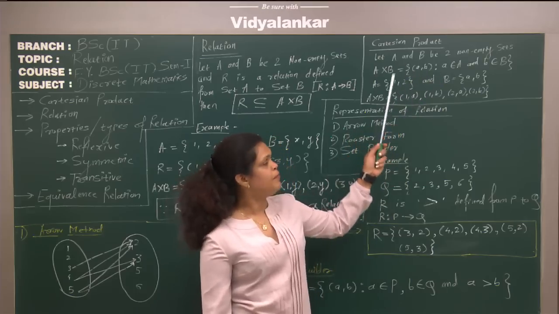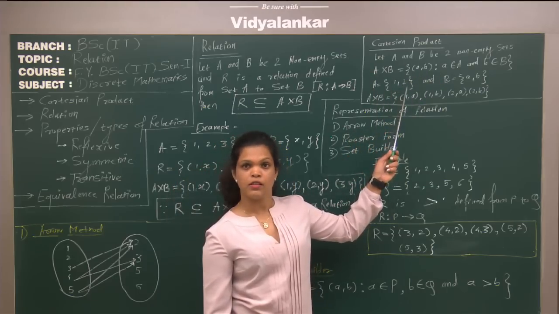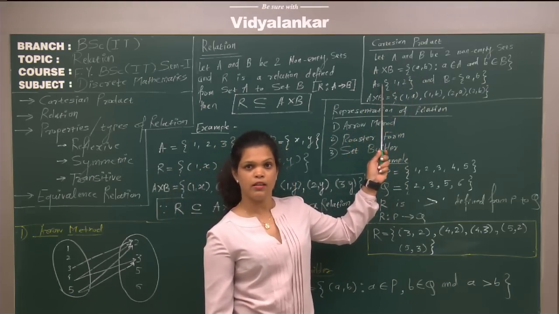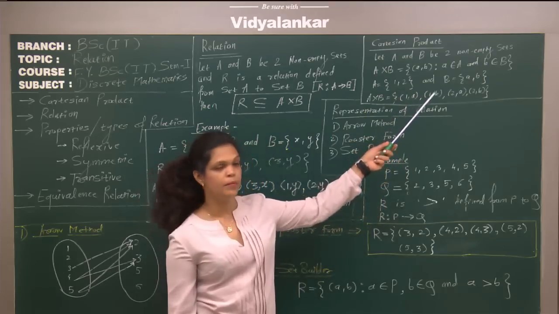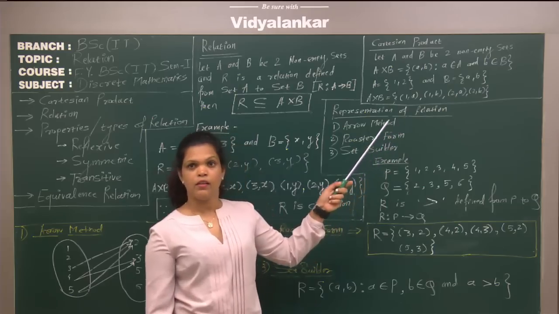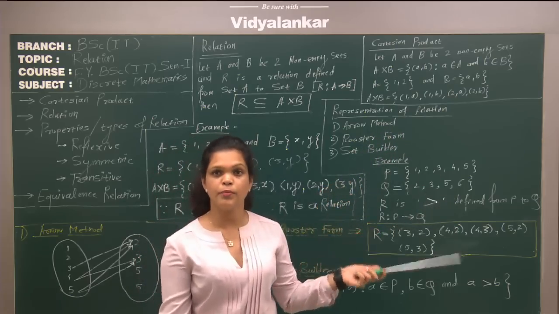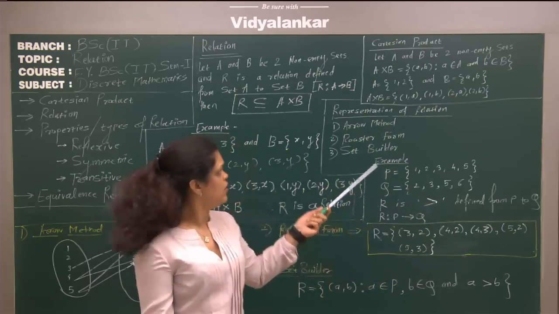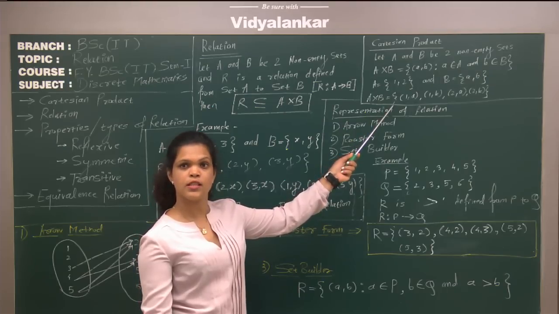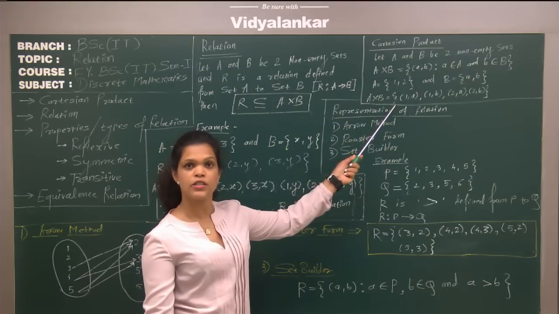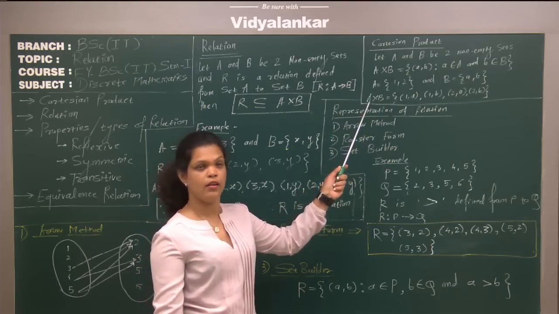We'll see an example for Cartesian product. Consider two sets, set A with two elements 1 and 2, and set B with two elements a and b. Now how to find the Cartesian product of these two sets? How to write it? A cross B is equal to, inside the curly brackets, we can list all the ordered pairs.